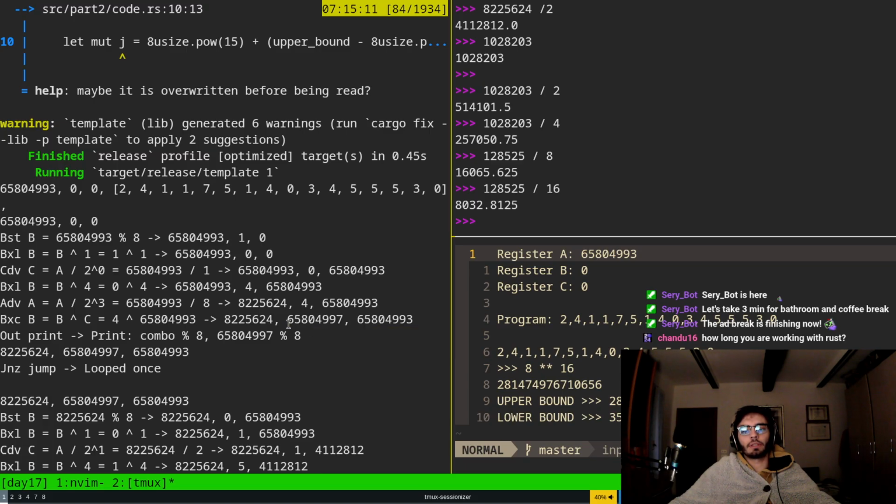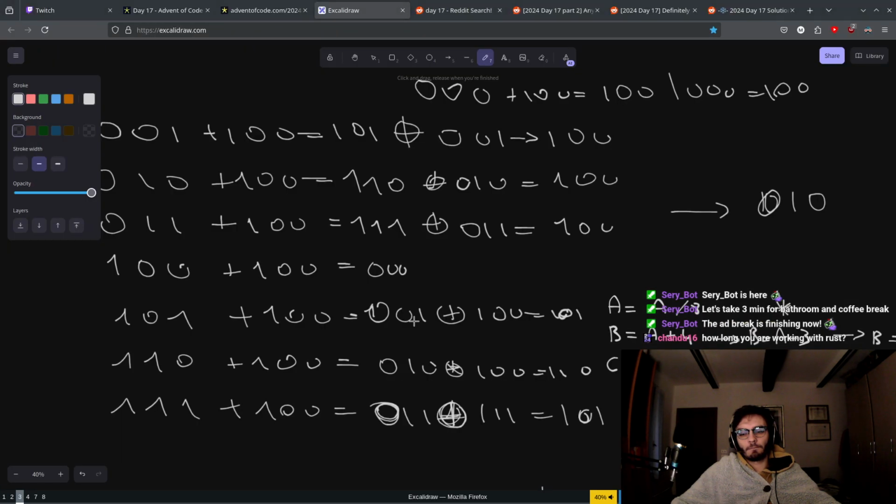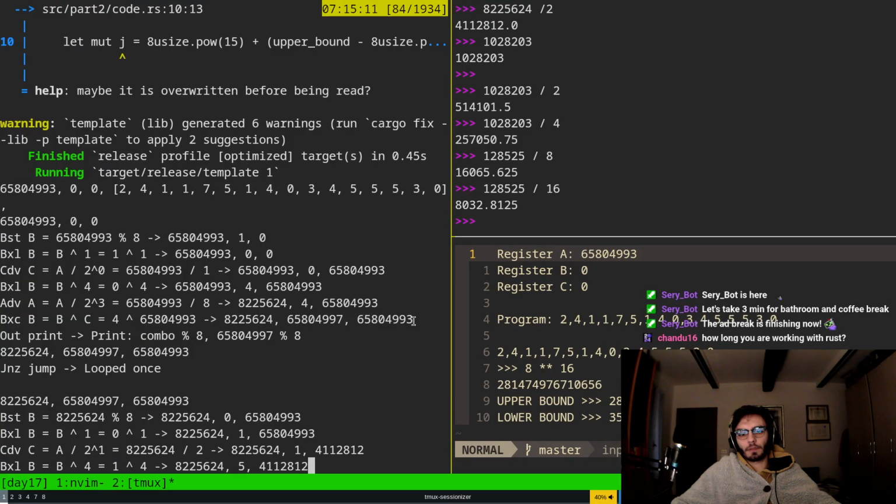Yes, I'm XORing itself. Oh yeah, I'm missing this XOR. This XOR 1.